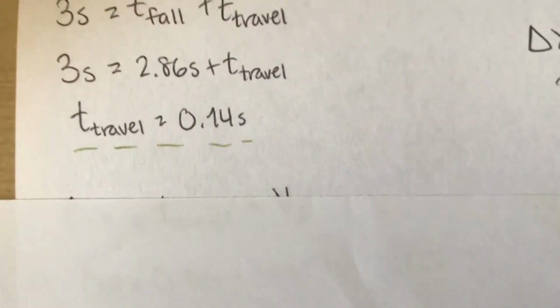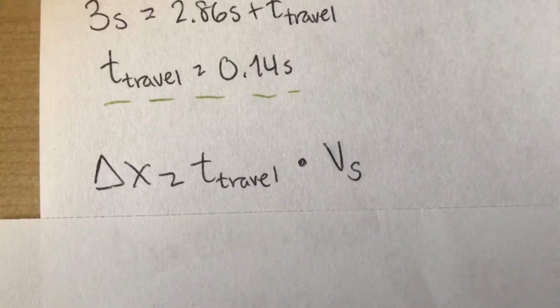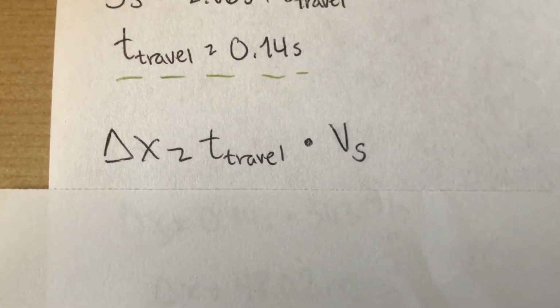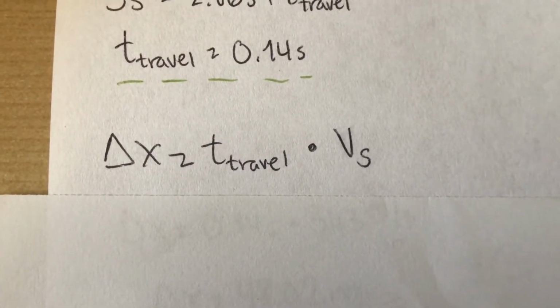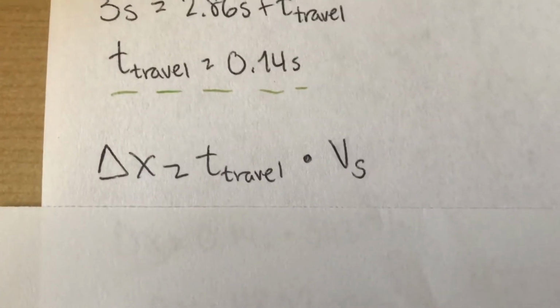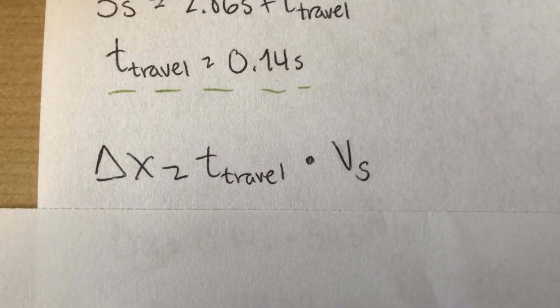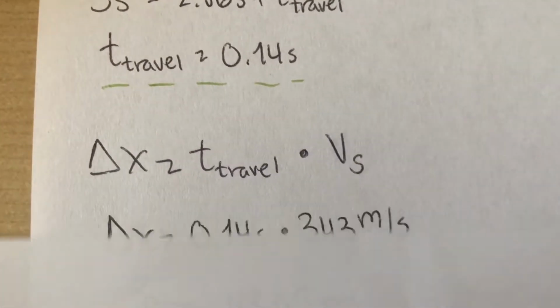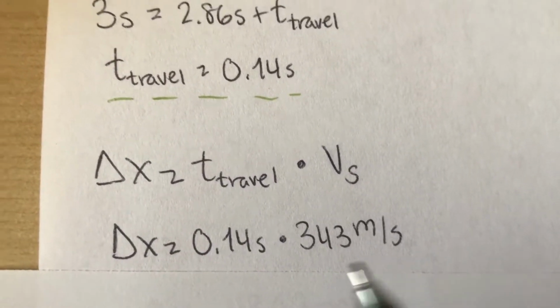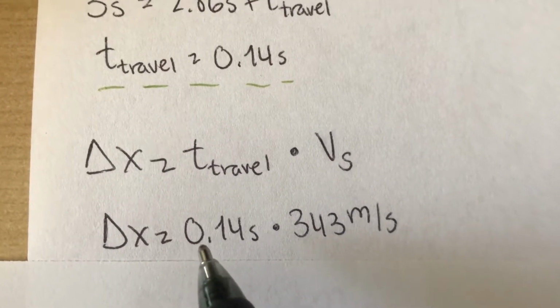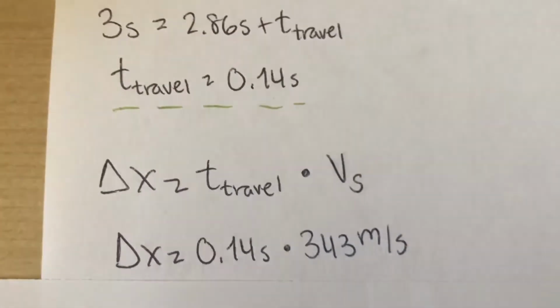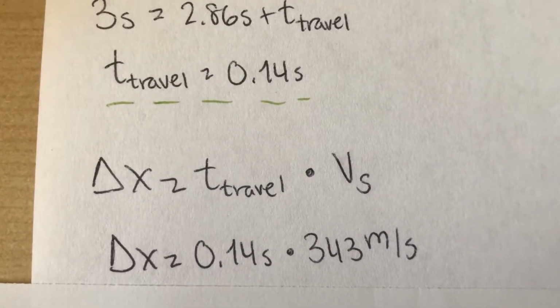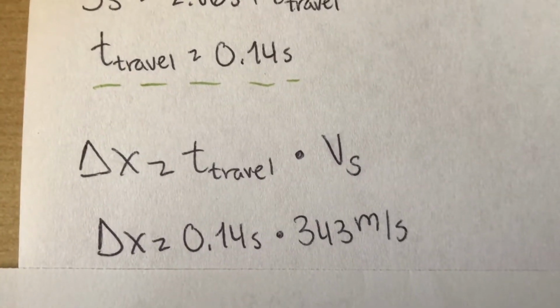Now, using that information, we can find the change in x, which is the hypotenuse of a right triangle, right? Since sound does have to travel back up to the person who kicked the rock, we take the speed of sound, which is 343, multiply it by 0.14 seconds, because acceleration doesn't act on sound since it's not a physical object.